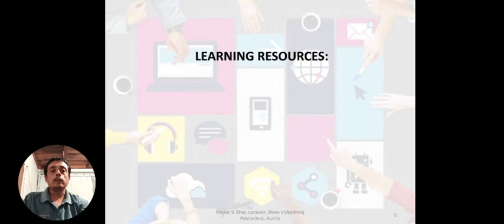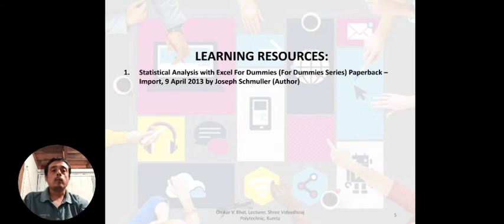Then learning resources. Learning resources means resources available for you to study this particular subject. So number 1, Statistical Analysis with Excel for Dummies, 2013 edition, author Joseph Schmuller.